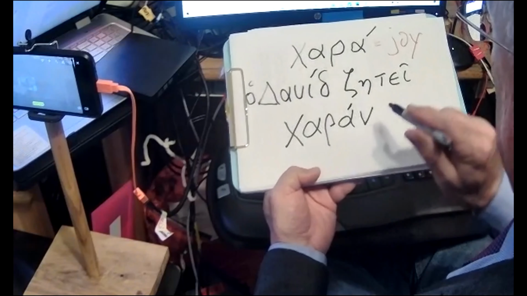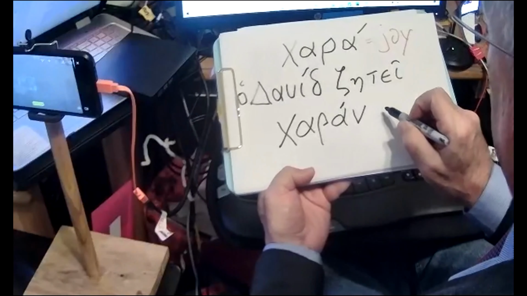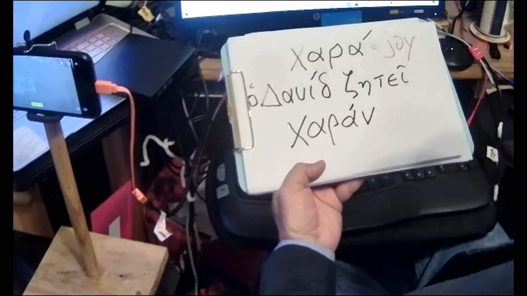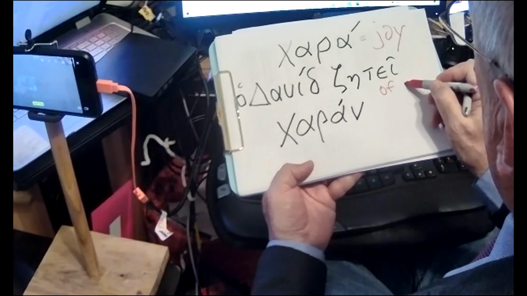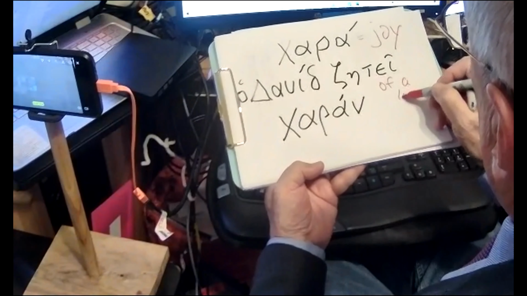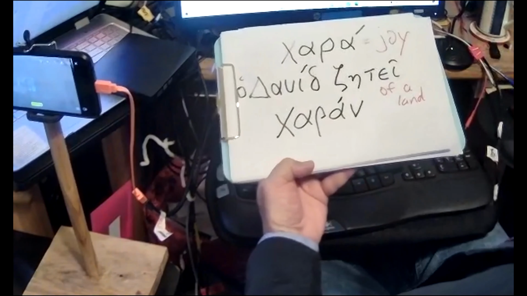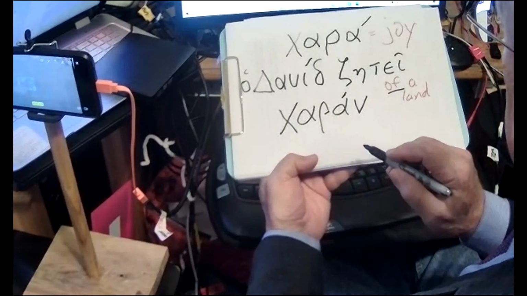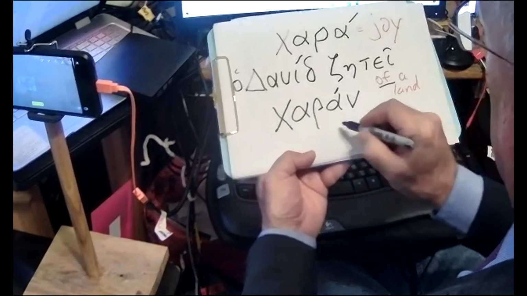Now, if I have the joy of the earth or the joy of a land, for example, I wanted to add a phrase to this in the genitive case, of a land. This "of" means it will have to be placed in the genitive case. So joy of a land.